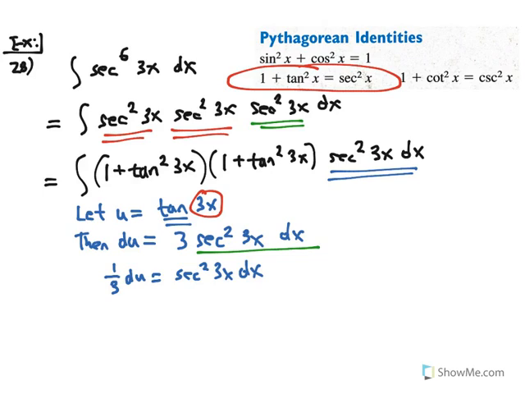Having done that, we can now change variables from x to u. So we will use our substitution to help us with our change of variables step. So we have 1 plus tangent of 3x, which is now u, so we have u squared times 1 plus u squared. And then secant squared 3x dx is 1/3 du.